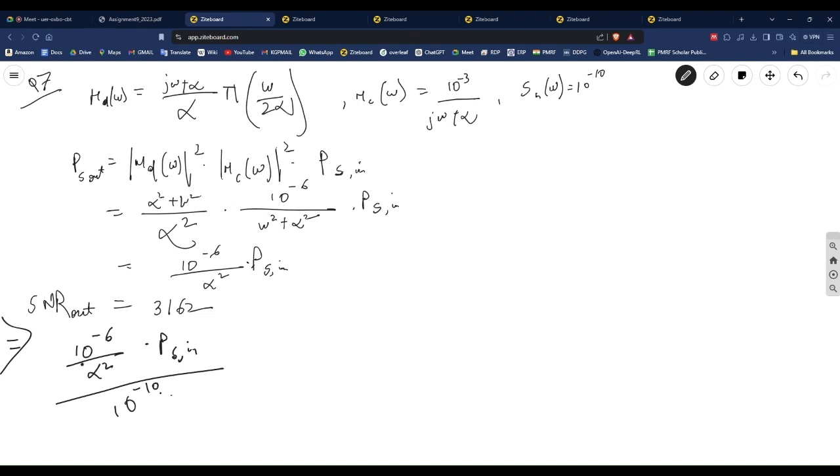So the signal power is 10 to the power minus 6 by alpha squared into PSE, and the noise power will be the power spectral density of noise into bandwidth. The bandwidth is 2 alpha, that is 2 into 4000 pi. Right now we will keep it as alpha. This will be 3162.